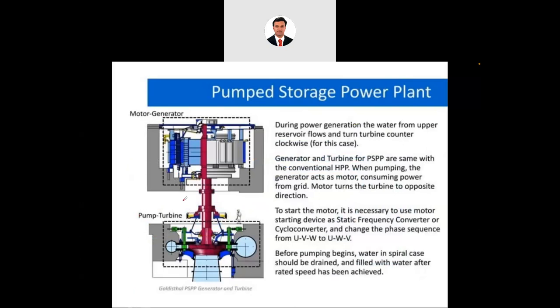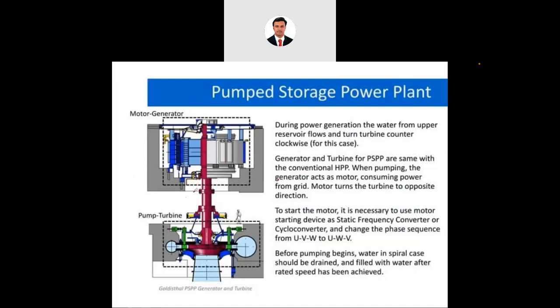So this is the pumped storage power plant, and the main component is the motor generator, or the pump turbine casing. This is the most important component because during power generation it works as a pump turbine, and during the pumping conditions it works as a motor and pump.